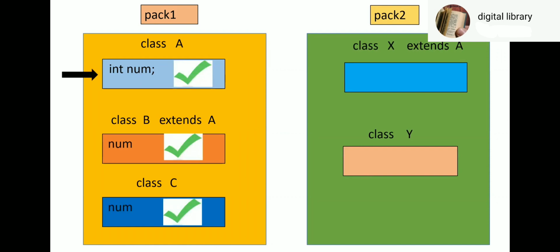Accessible, no. So yes in the same package. So default means package accessible. Within a package, everywhere you can access. But once you go outside the package, even if you are in a child class of A, you can't access. That is default, the package accessible modifier.